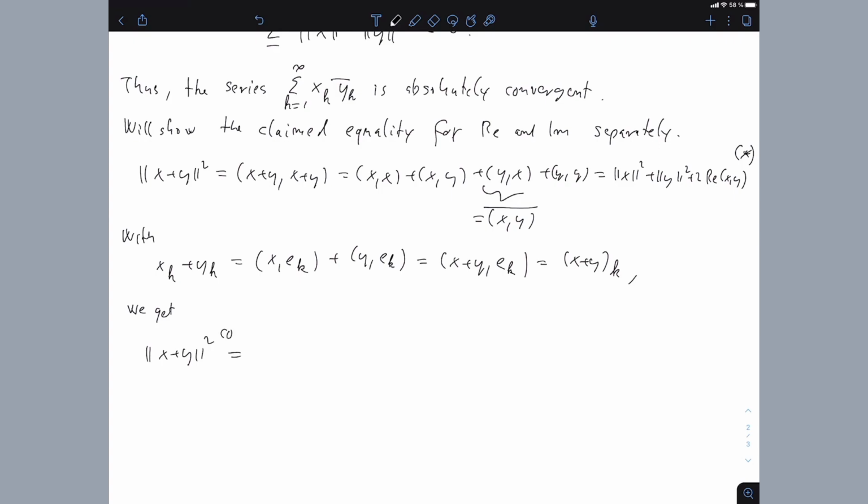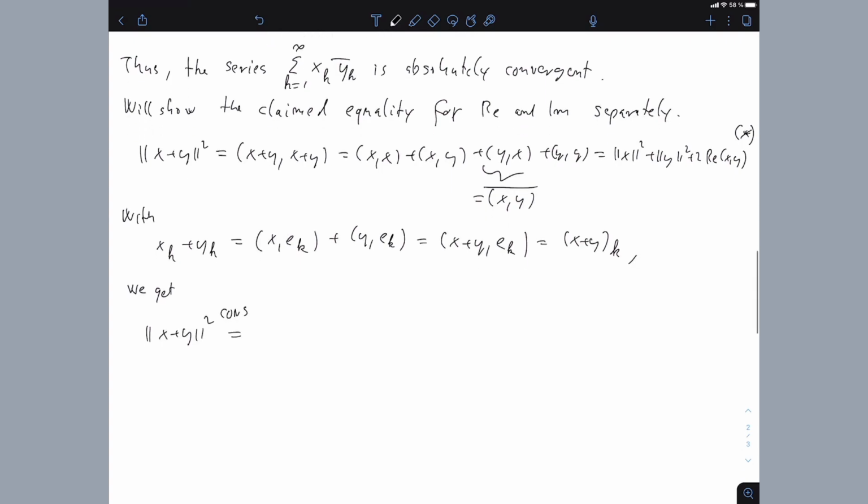So we use that we have a complete orthonormal system to replace the squared norm by the squared Fourier coefficients. Now I use the linearity of the Fourier coefficients to split this x plus y k's coefficient into k's coefficient of x and k's coefficient of y.